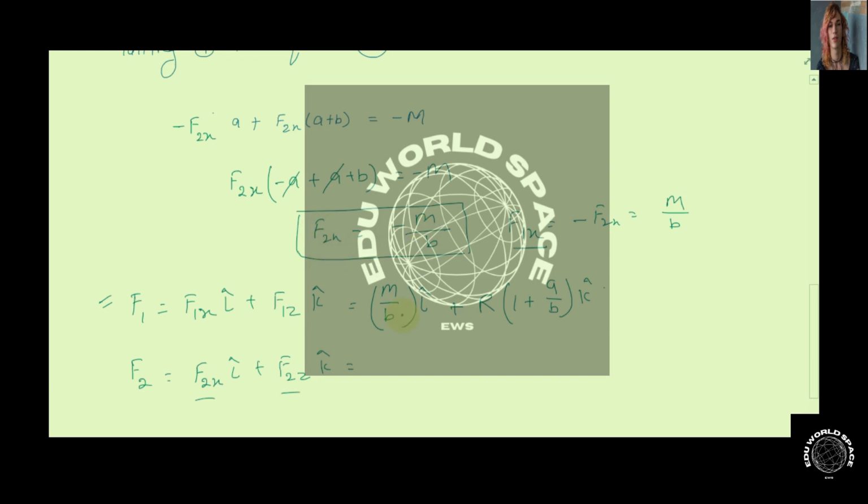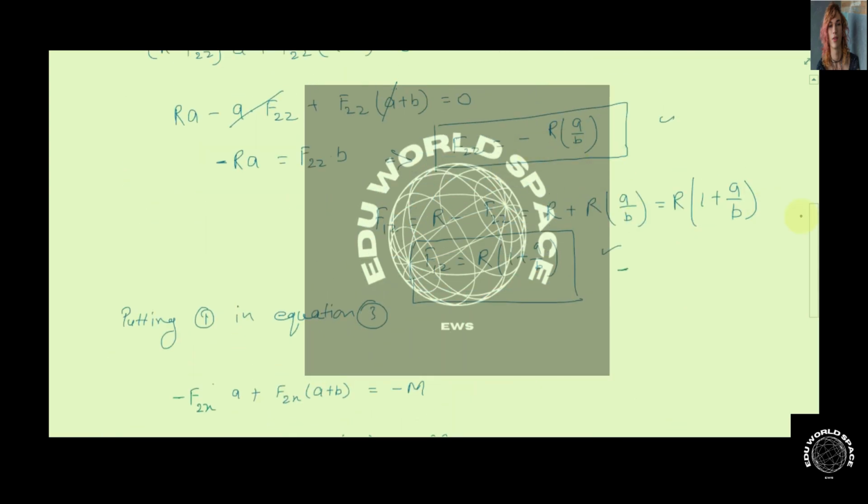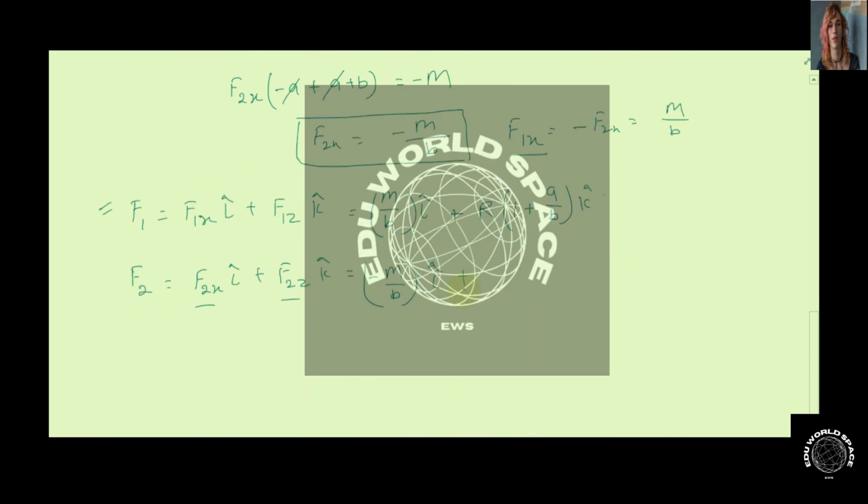Here F2x was minus m upon b i cap, and F2z we have calculated above, and this was minus R times a upon b k cap.